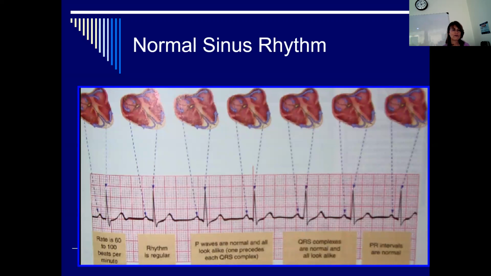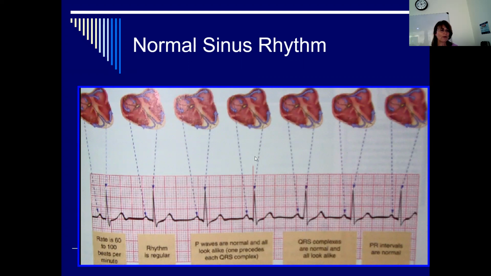The next thing we look for are P waves. And do we have P waves? And is there 1 P wave before each QRS? And there is. Then we look at the PR interval, and it should be 3 to 5 little boxes. So we begin counting where the P wave leaves baseline to where the QRS begins. And here it looks like 4 little boxes. So that's normal.